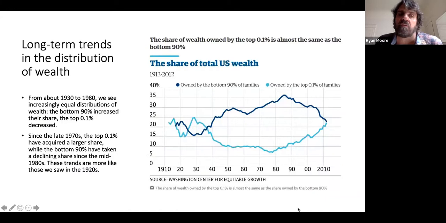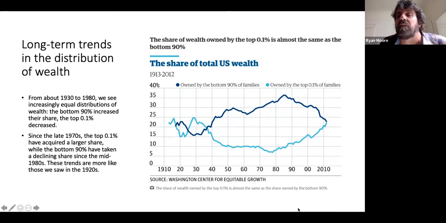So this long-term trend in the distribution of wealth shows us a similar thing. The light blue line is the amount of wealth owned by the top 0.1%. So not the 1%, but the richest 10% within the 1%.